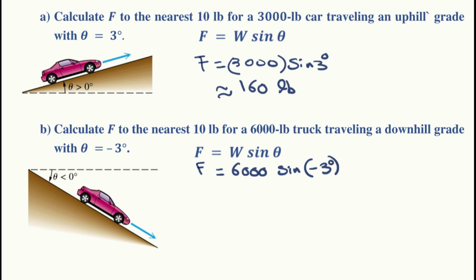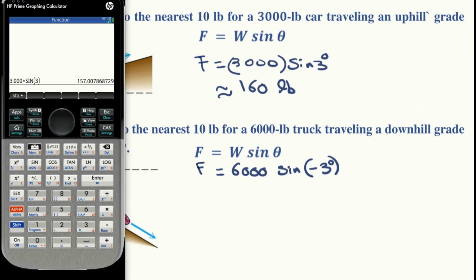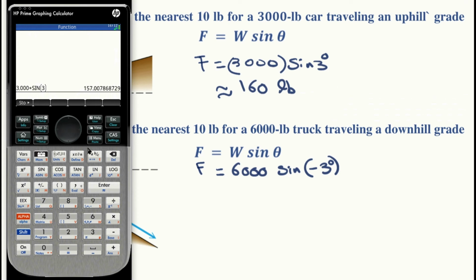So here we end up with 6,000 sine of -3.